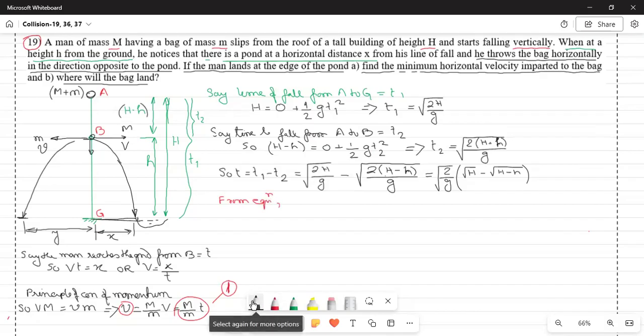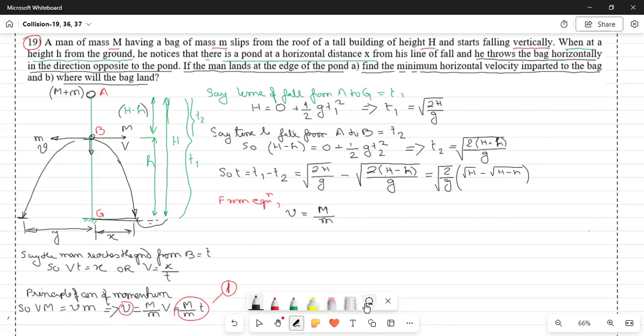What we get is V is equal to capital M by small m into T. Here, V equal to x by t, from here we get t is equal to capital M by small m, capital V.